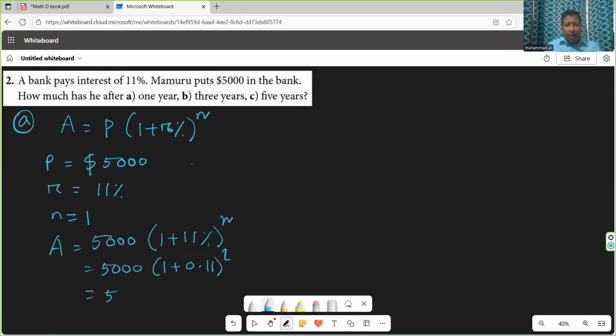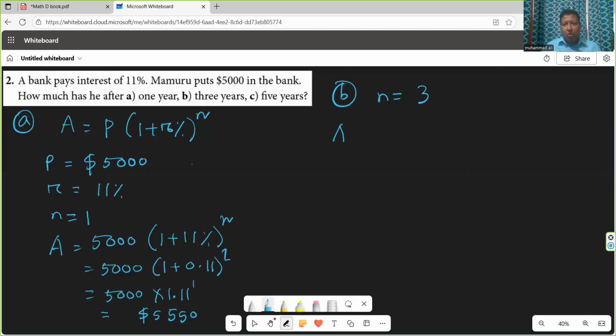So 5,000 multiplied by 1.11 to the power 1. If we press the calculator, we will get 5,550.